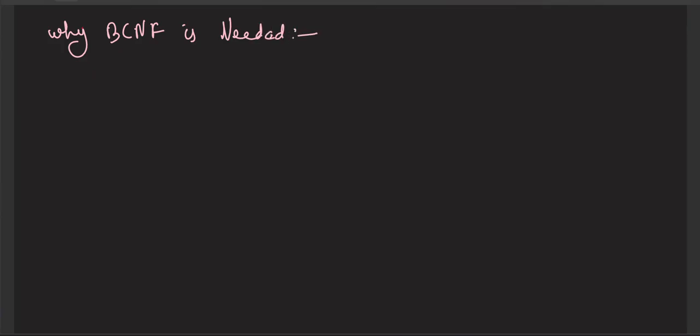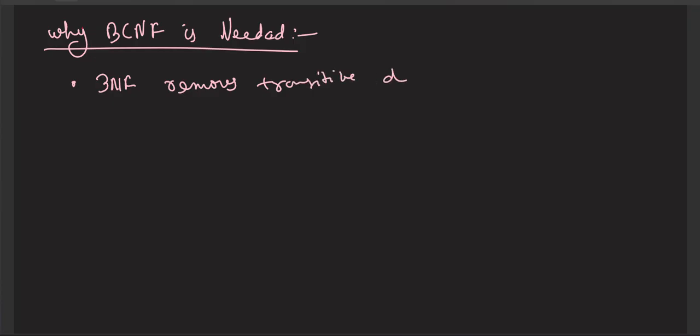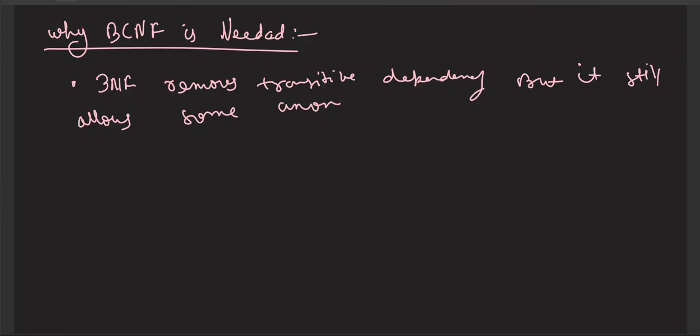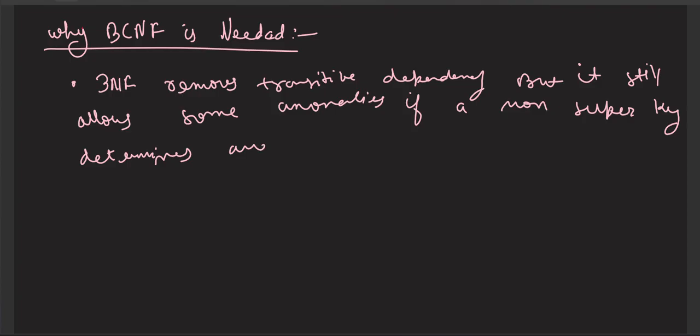Okay, so the first point is 3NF removes transitive dependency, but it still allows some anomalies if a non-super key determines another attribute.